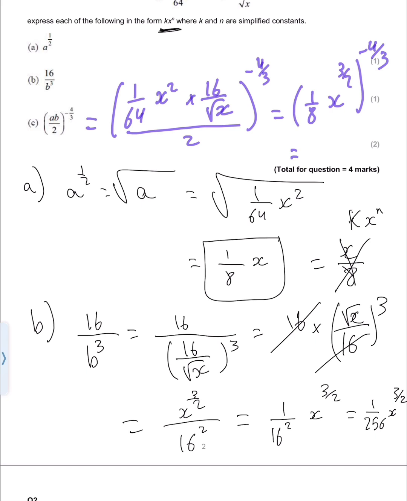Then apply the power -4/3 to 1/8. If you use a calculator, 1/8 to the power -4/3 will give you 16, and then x to the power 3/2 multiplied by -4/3 will give you x to the power -2. So this is the final answer here.